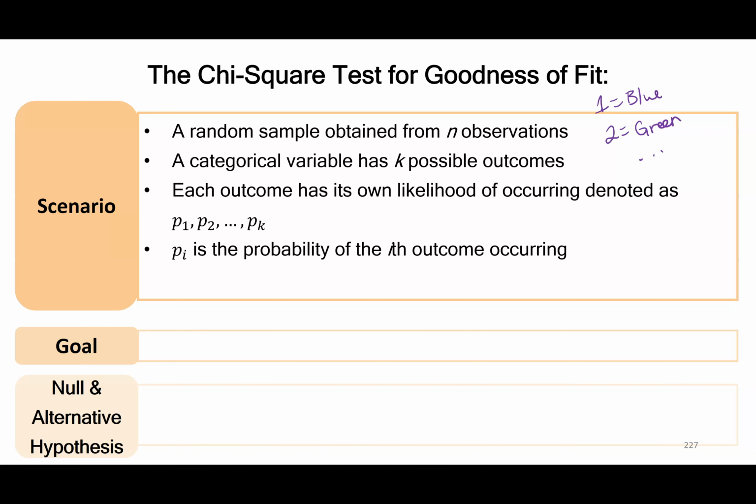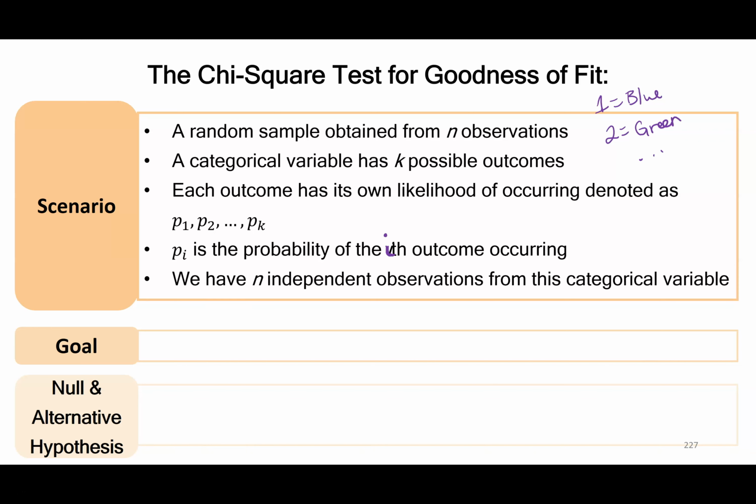So p i is the probability of the i-th outcome occurring. So just any given, it's a generic group. So the proportion for group i, and you can define it as whatever color you want, is the probability, if you randomly selected an M&M, of it coming up that particular color.